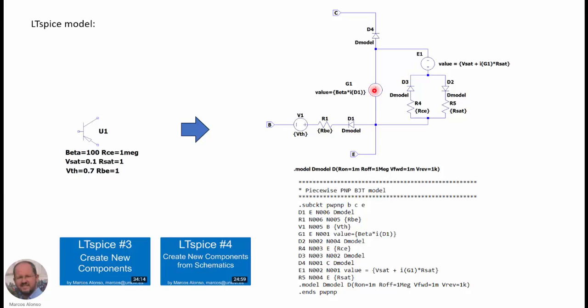The current source goes now from the emitter to the collector, and the branches also go in the other direction. So it's very easy to obtain this model, and then here we have the description for the library, and with this we have everything to implement the piecewise model for the PNP transistor.